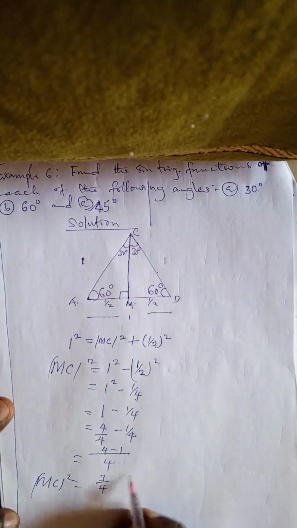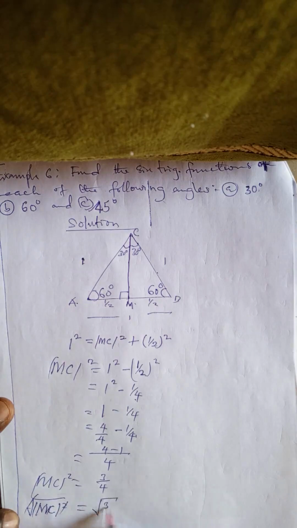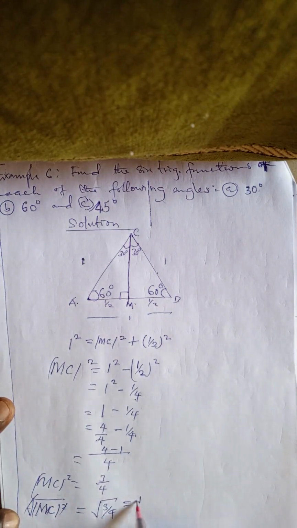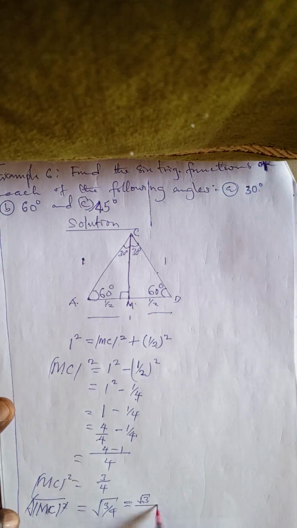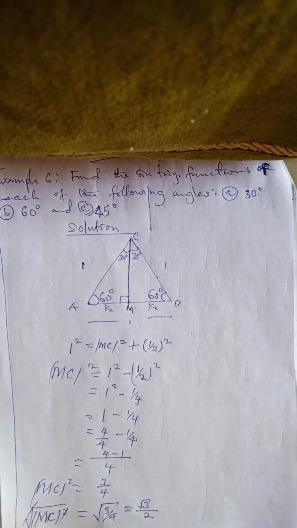Now what is MC? We take the square root of both sides, so that the square and square root go. This is equal to the square root of 3 over 4. We don't have at hand the square root of 3, so we just write root 3. And when we take the square root of 4, the answer is 2. So line MC is root 3 over 2.